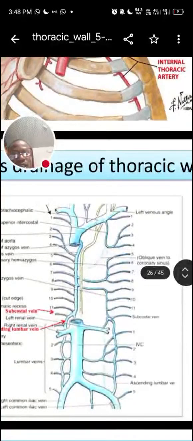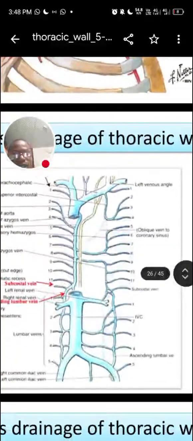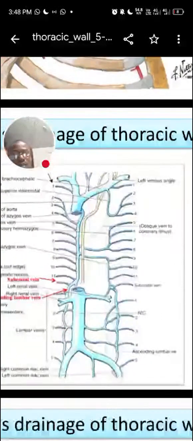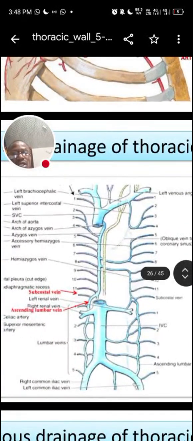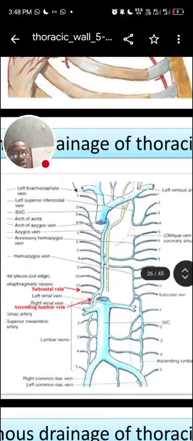Let's check, can we identify the inferior vena cava here? Good, you can see the inferior vena cava. So part of the thorax empties into the superior vena cava. In fact, the thorax completely empties into the superior vena cava.